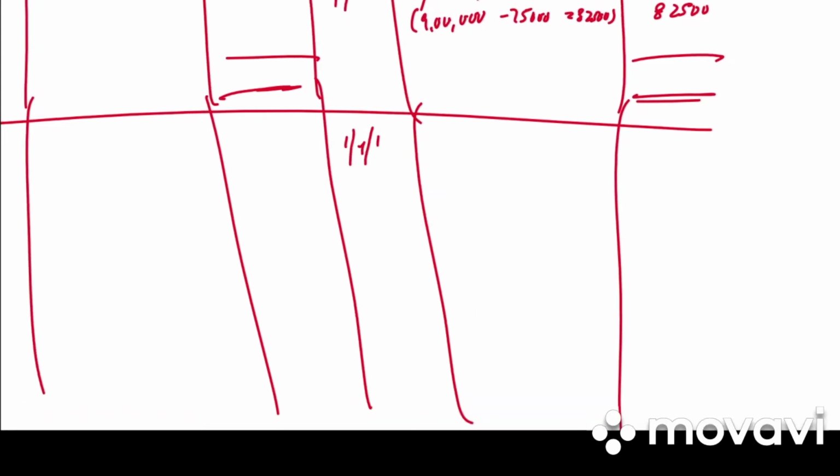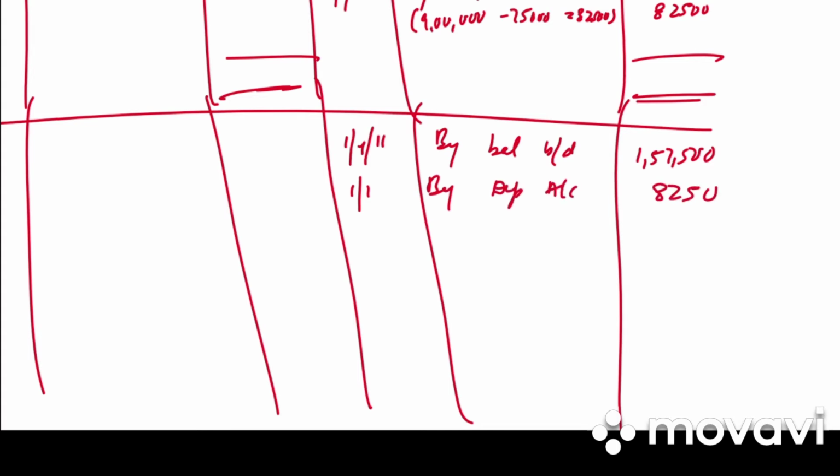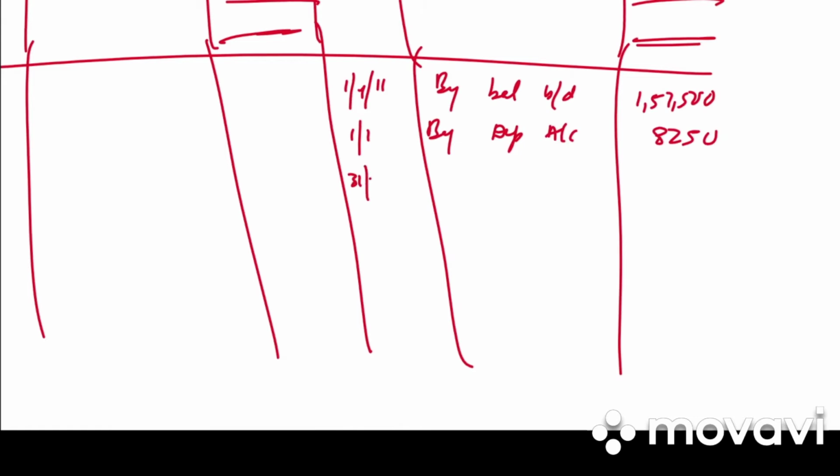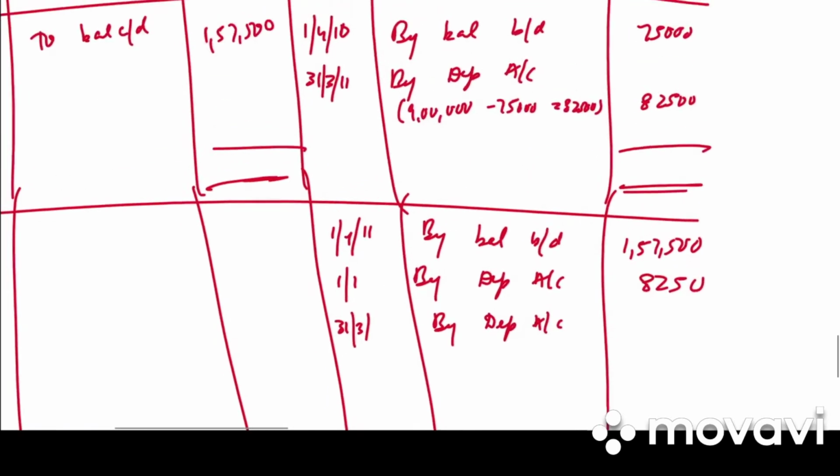Then on 1st April 2011, by balance brought down 1,57,500. On 1st December, by depreciation account, that is for plant sold, we have already calculated it is 8,250. On 31st March, again we have by depreciation account for the remaining machinery.